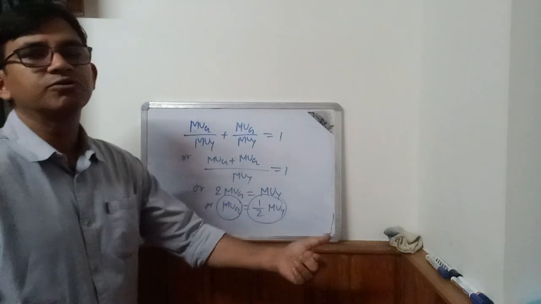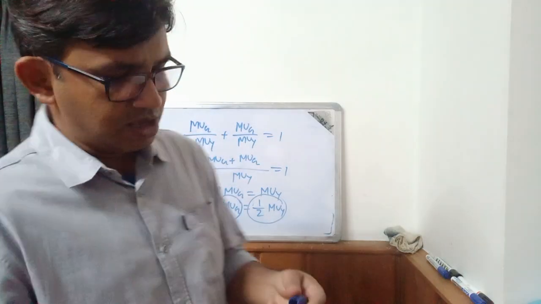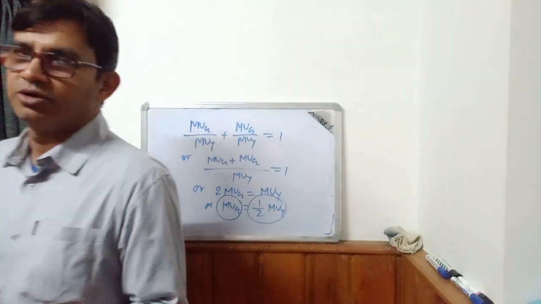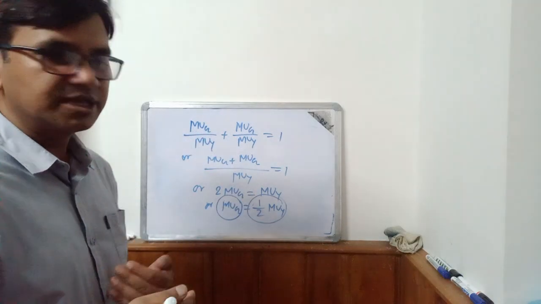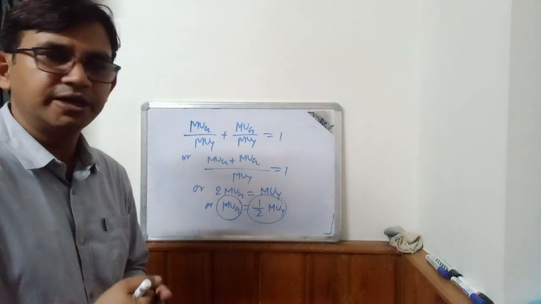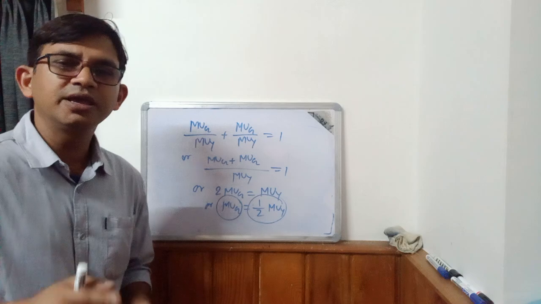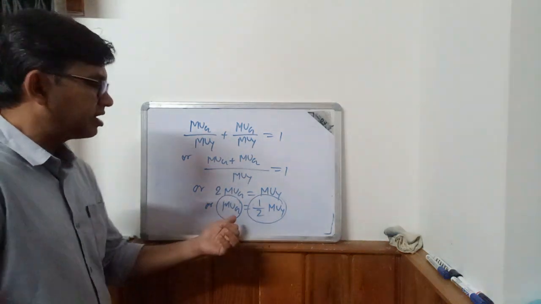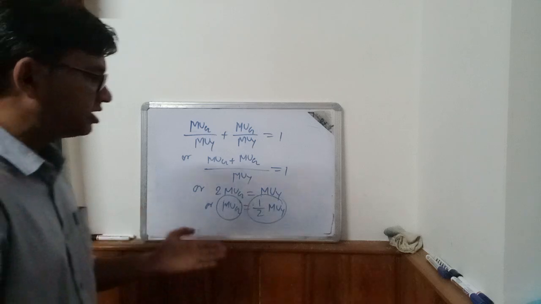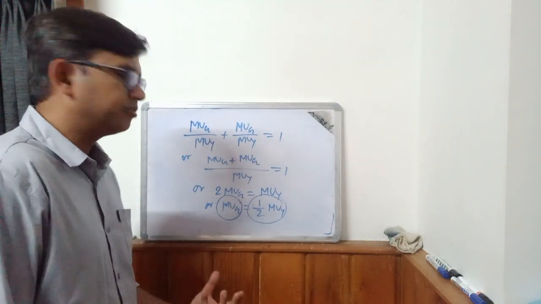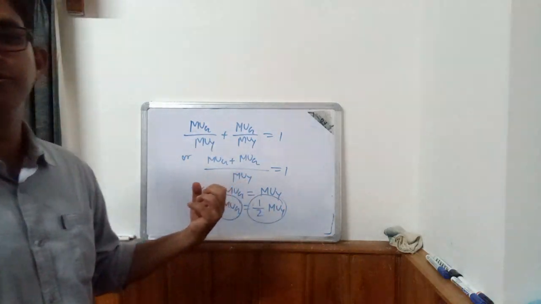So this is a very crucial point here. From the law of diminishing marginal utility, we know that as the consumption of any commodity increases, its marginal utility will fall. So here definitely the consumption of G will be almost double the consumption of the private good.